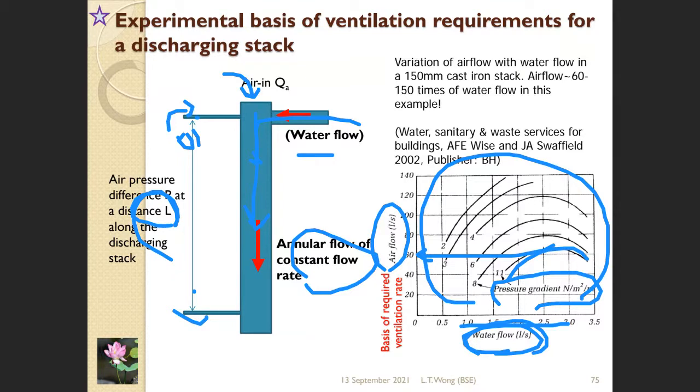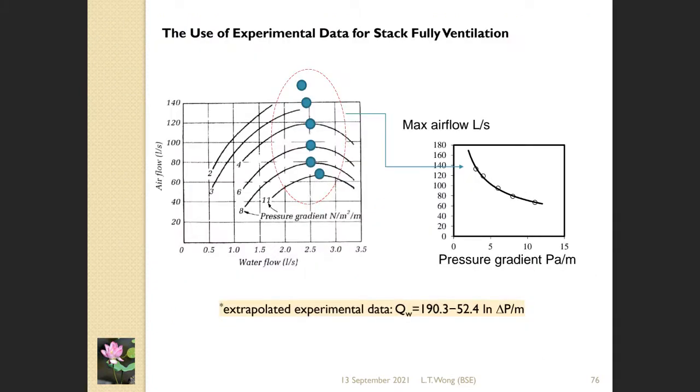Okay, and therefore we will have flow rates in between somewhere else, but the phenomenon of air requirement is that there will be a maximum air required in order to maintain the pressure gradient of the pipework, so that we could make use of the data, the required air, to limit the maximum pressure drop along the pipework. How does this work? We get all these maximum points, because across a wide range of flow rate, here is the maximum air required.